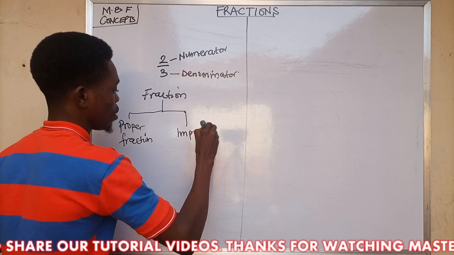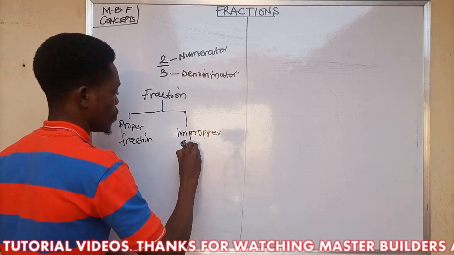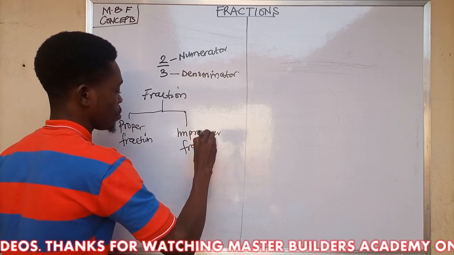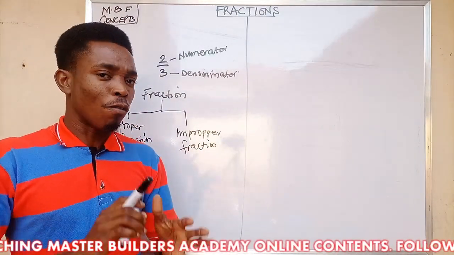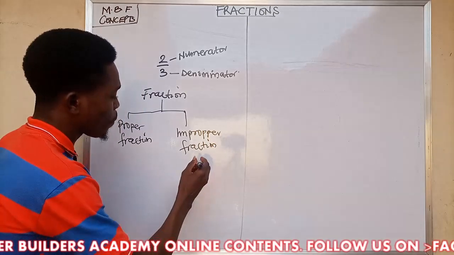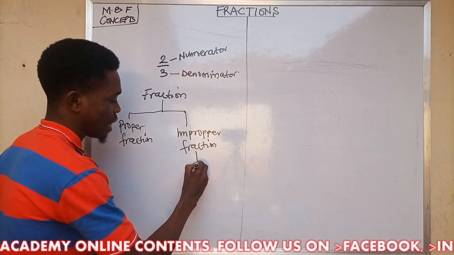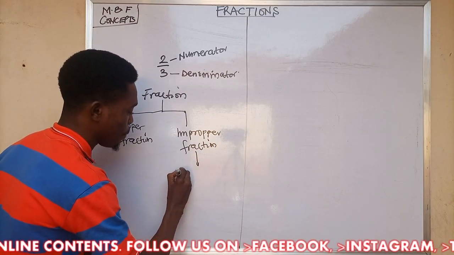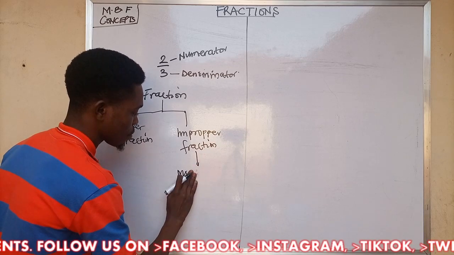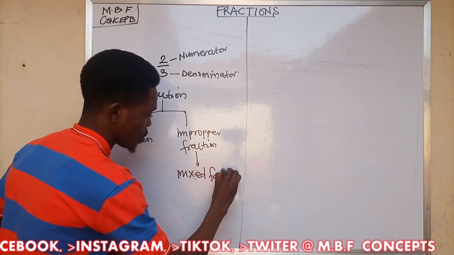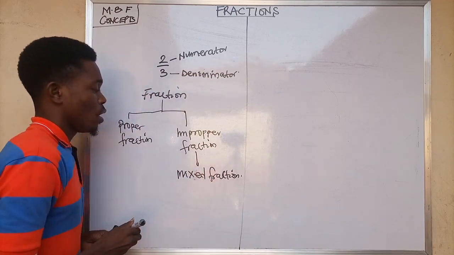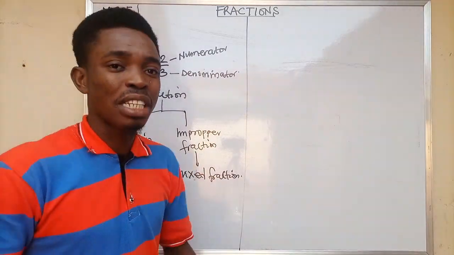Improper fractions. All right, guys. Now, these are the two major types of fractions. But this improper fraction is further divided into what we call the mixed fraction. All right, yes, we have what we call the mixed fraction.